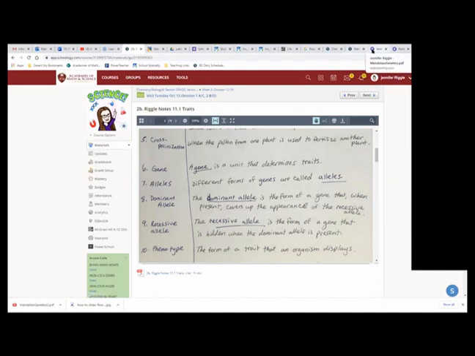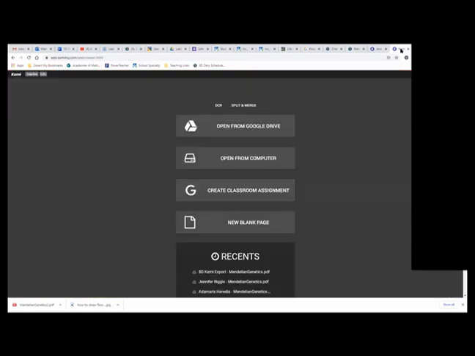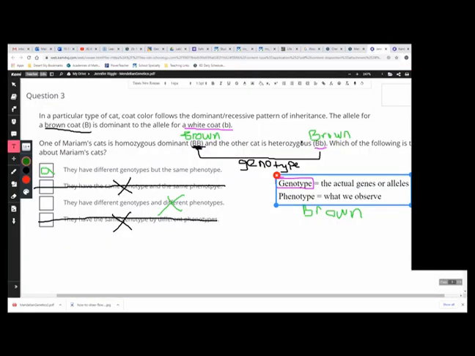All right. So now we can take this one more step into the genotype, or the type of genes. So the genotype, we represent that with letters.